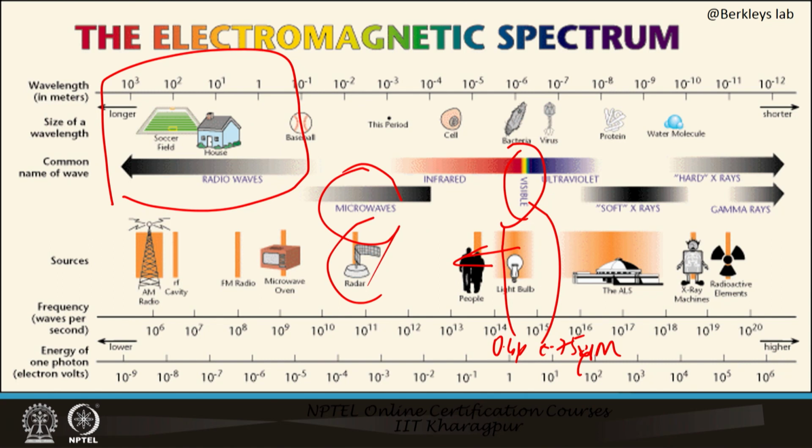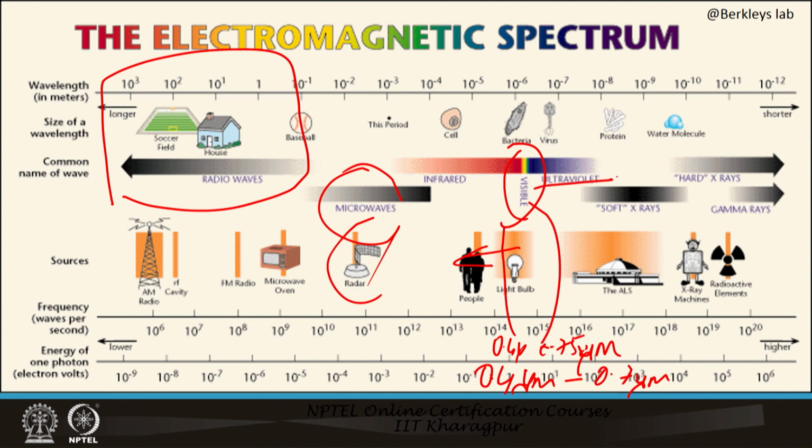If someone asks you what is the wavelength of the visible region, you should be able to say it is 0.4 micrometer to 0.75 micrometer. That is very important when you are explaining the electromagnetic spectrum.